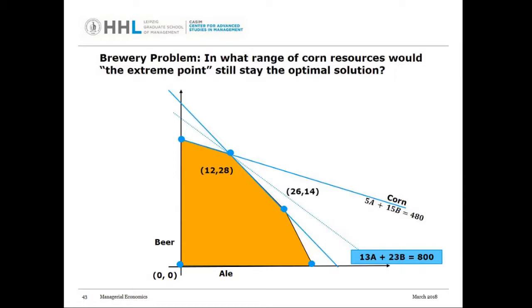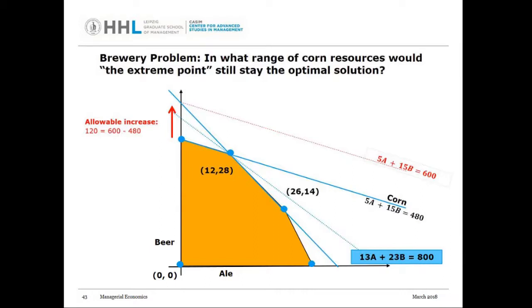Of course, you have to always interpret this in the context of how much I can change the resources. So how much can I increase or decrease the amount of corn? This is always a bit more difficult, but the way it's characterized is: how much can we increase the amount of corn so that the optimal solution 12.28, the one from before, will change?